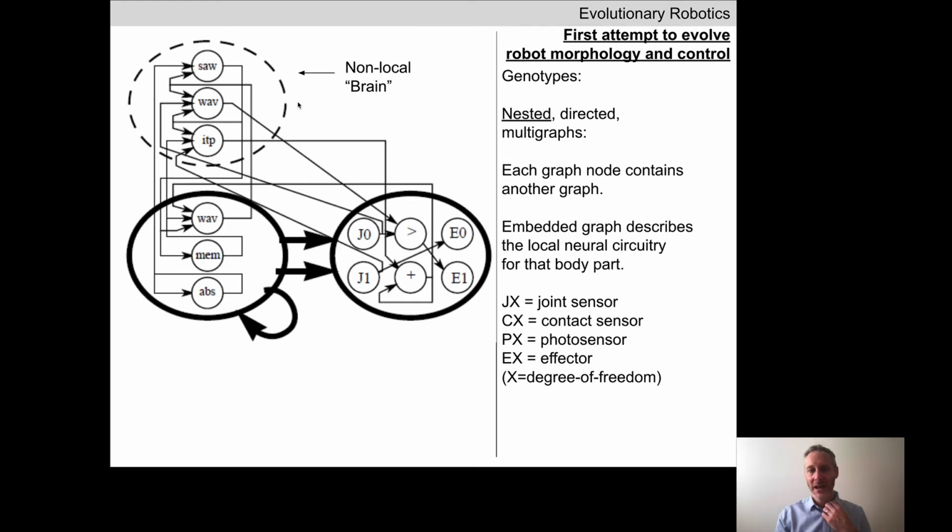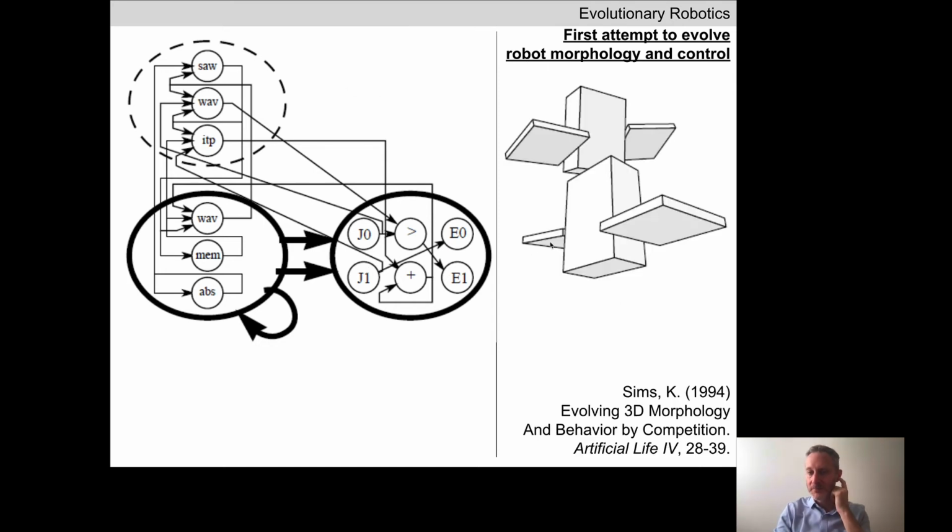As I just mentioned, these neurons and synapses become the non-local brain. They're not really specific to any one body part. Inside these robots, there are a series of sensors that are available to them. There are joint sensors, or the proprioceptive sensors, which we've talked about before. These are sensors that record the angle of the joint that they're associated with. You'll notice that the fin has two joint sensor neurons associated with it.